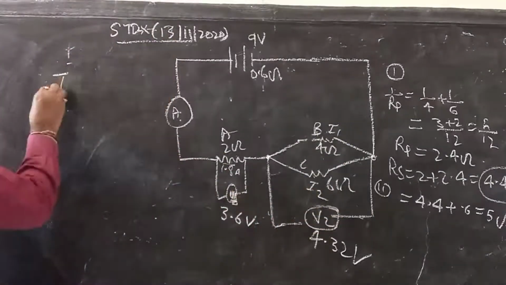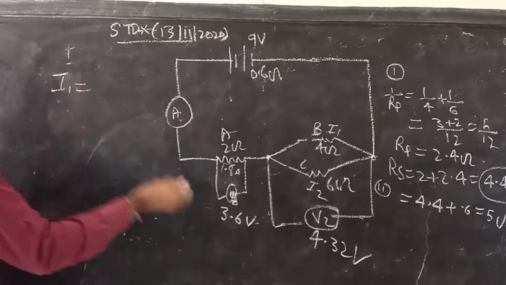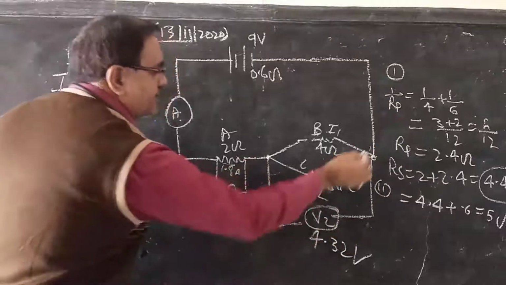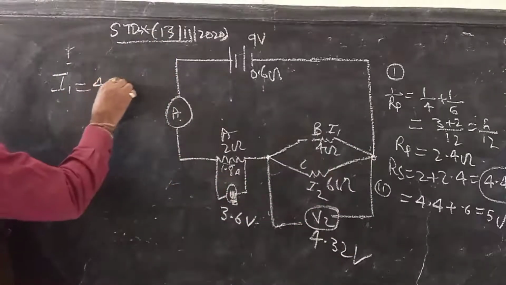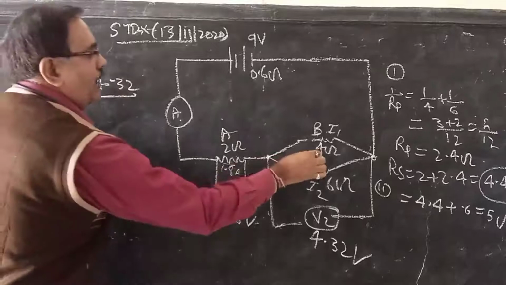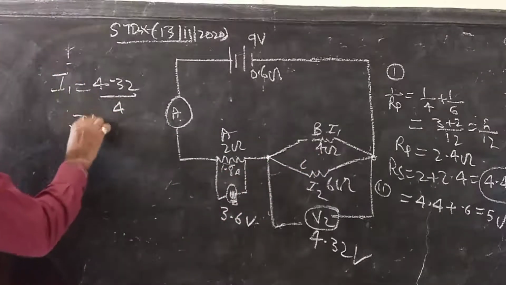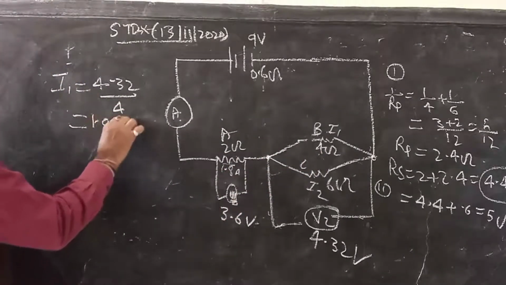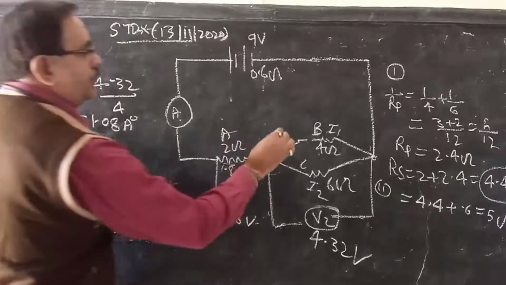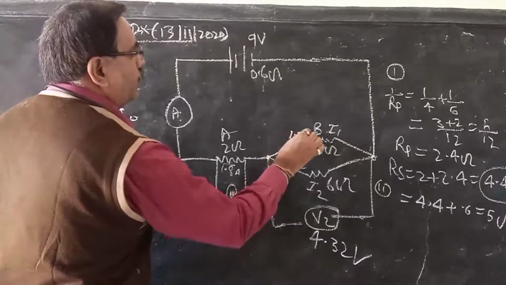For I1, I is equal to V by R. So what is V? The potential difference is 4.32. R, what is R? 4. It will come to 1.08 ampere. So here the current flow is 1.08.